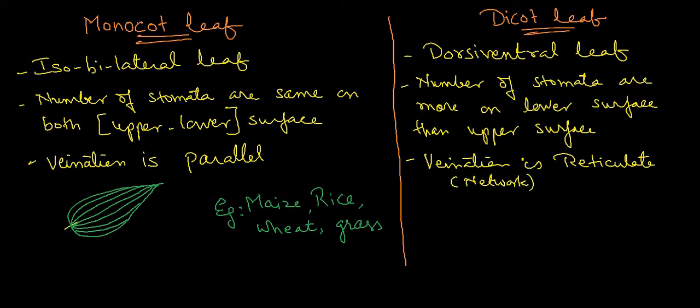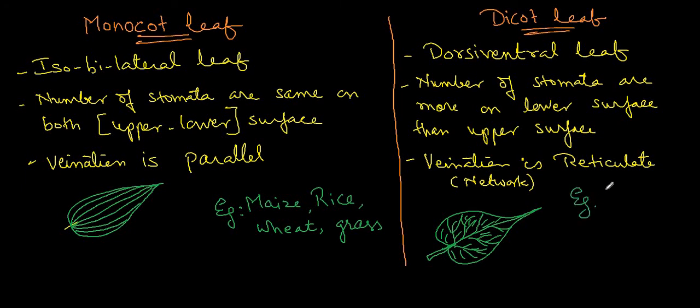As for example, in peepal leaf, if you see, there is a main vein, from that the branches are coming out, and then the primary branches are coming out, and then the secondary ones are coming out. So it forms the network like venation, that's called reticulate venation. It is seen in the dicot leaf.